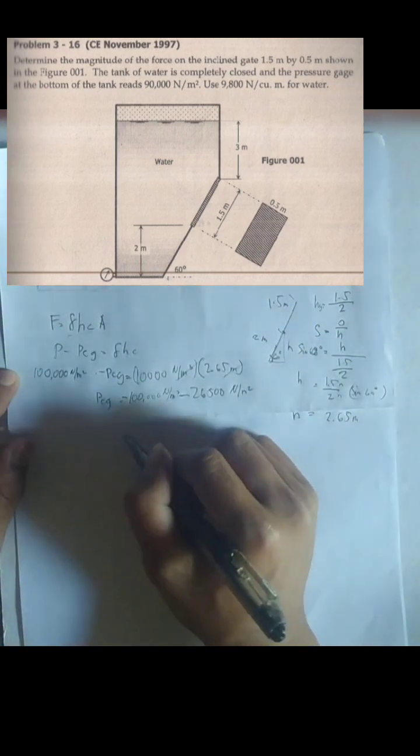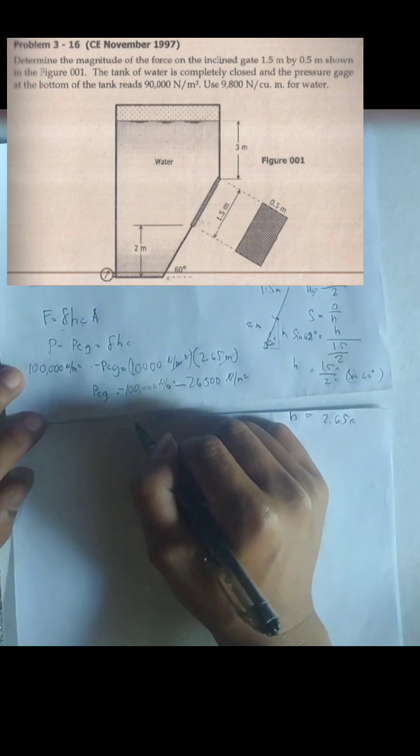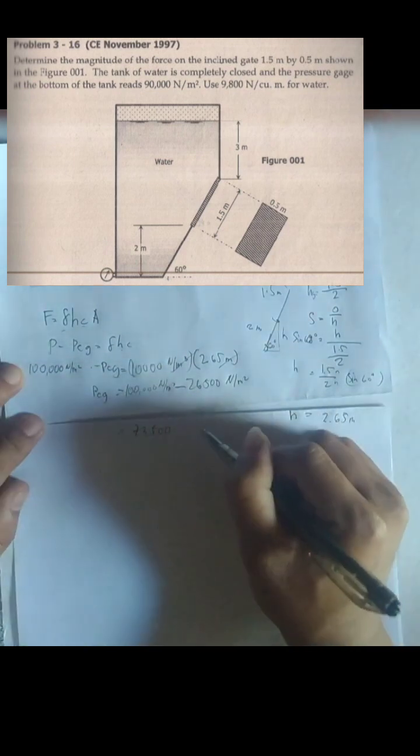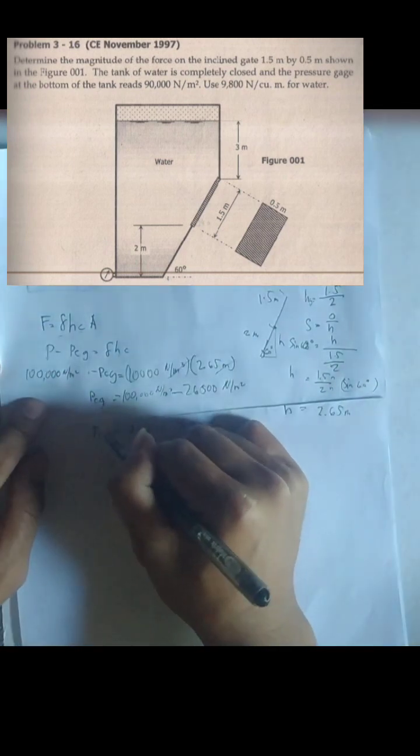Now we can solve for the PCG by subtracting. If you subtract that, we will get the answer of 73,500 Newton per meter squared. We know here that the PCG is also equal to here.